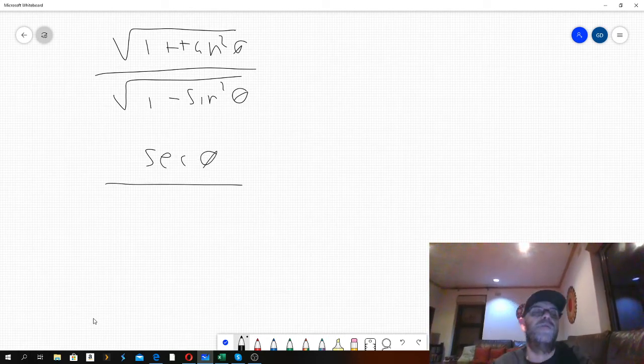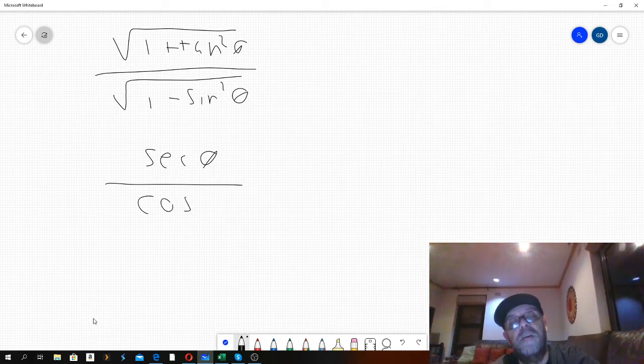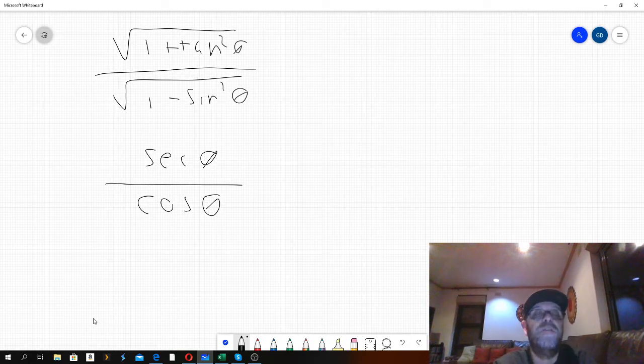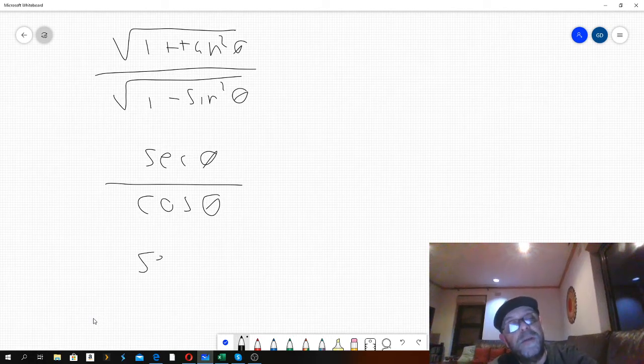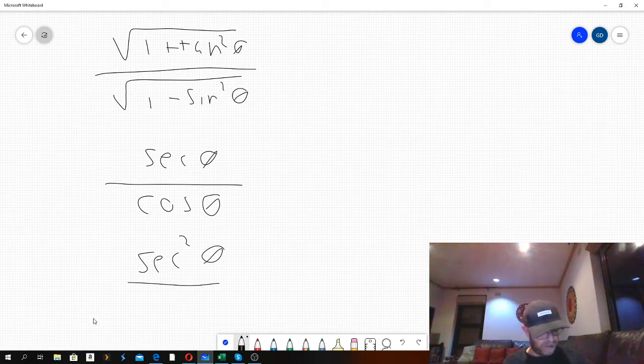And 1 minus sine squared is the same as cos squared, and the root of cos squared is simply cos theta. Now, we've got sec theta over cos theta, which is the same as sec theta divided by cos theta, or the same as sec theta times 1 over cos theta. But 1 over cos is sec, so sec times sec is sec squared. And I think we can leave that one like that.